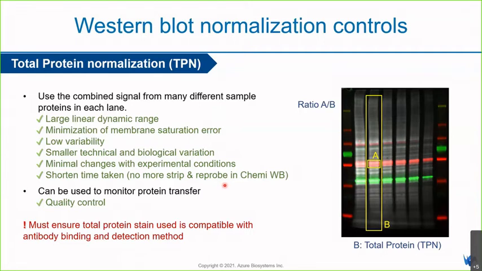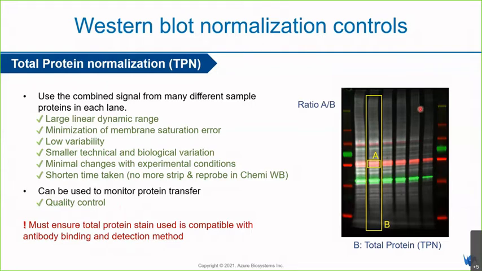And thus, staining the membrane with the total protein stain also provides an additional quality control benefit because it allows you to verify your membrane transfer is complete and also free of artifacts.